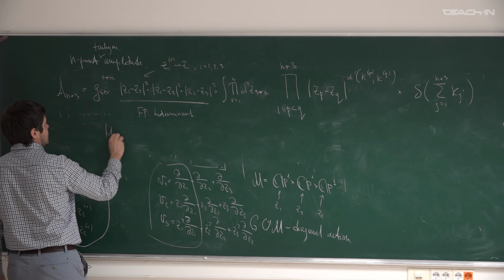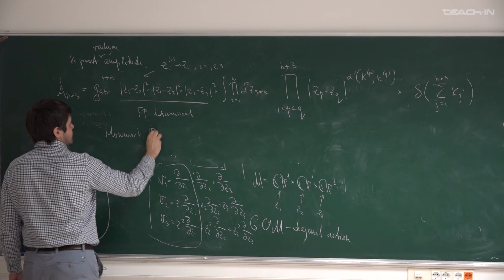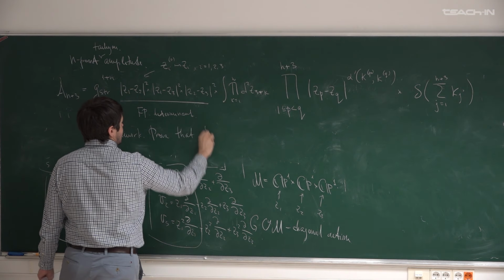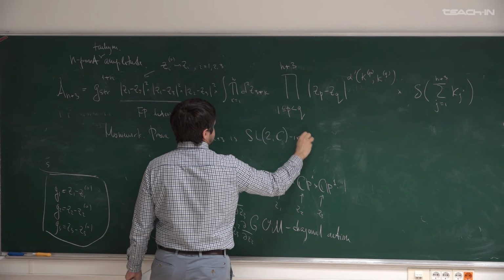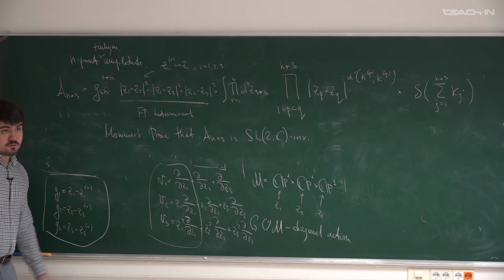So prove that this is invariant, and that's important, right? Because that means, for example, that it doesn't really depend on z1, z2, z3.